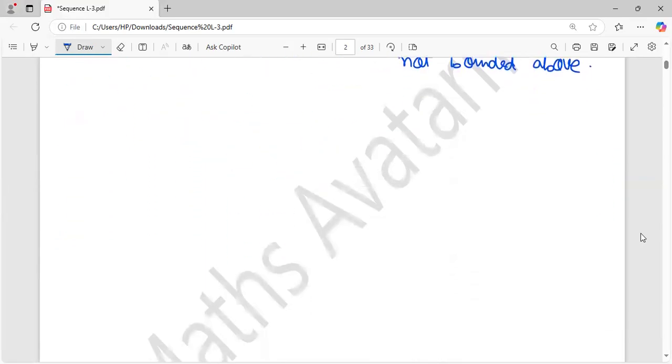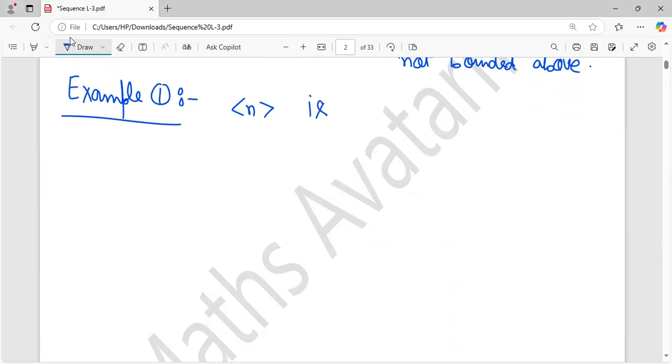For example, in yesterday's class, we have seen that this sequence is not bounded above. Because if a sequence is bounded, it will be bounded above as well as bounded below.